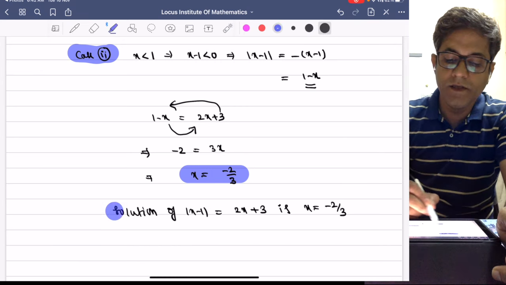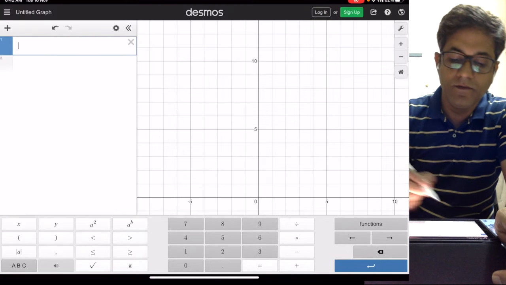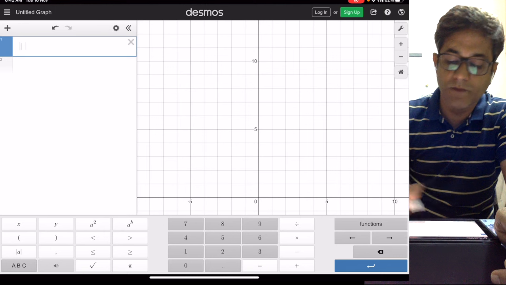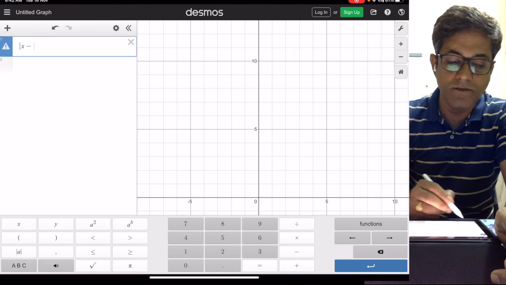So now we will see the solution graphically also. So we will draw the graph of first mod x minus 1, that is x minus 1.